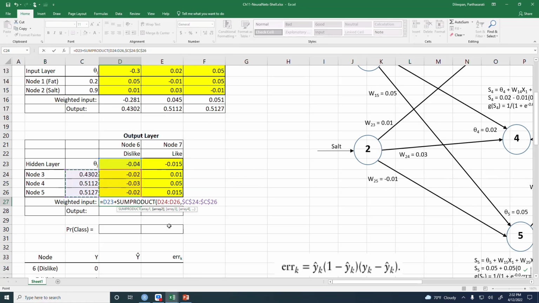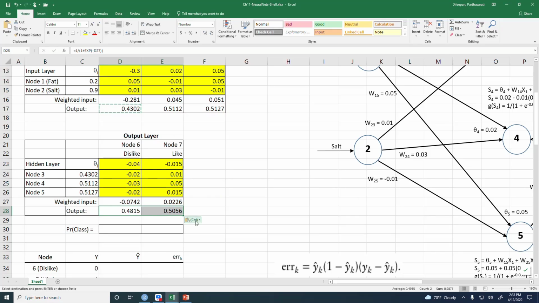So the input values, let me absolute reference that. And then those are the inputs. Now when you do the output, you get the output. Okay, so that's the outputs.